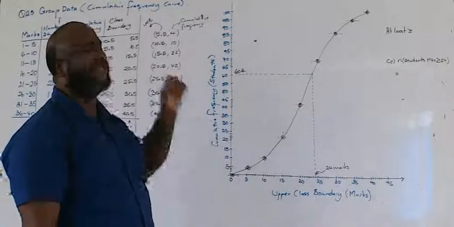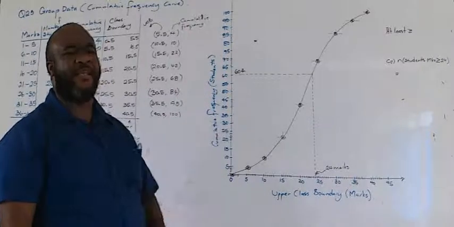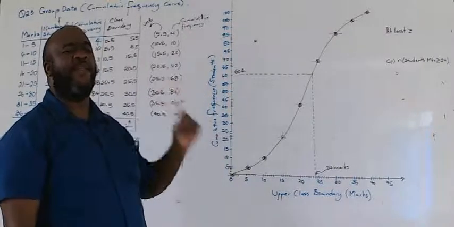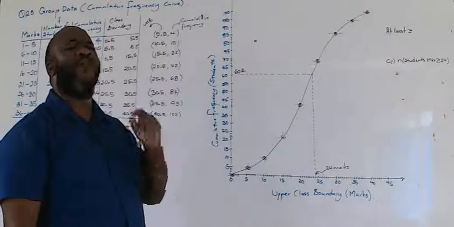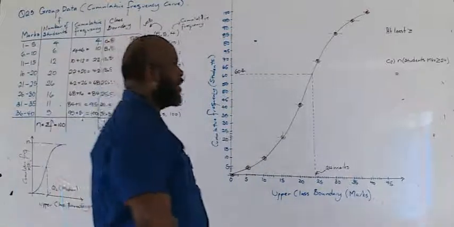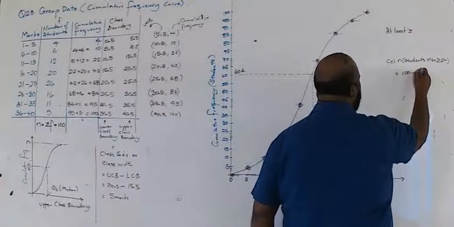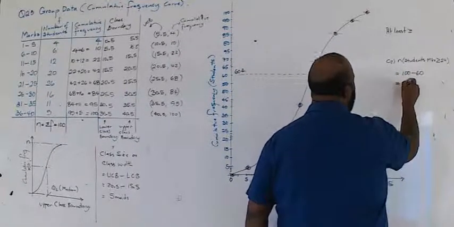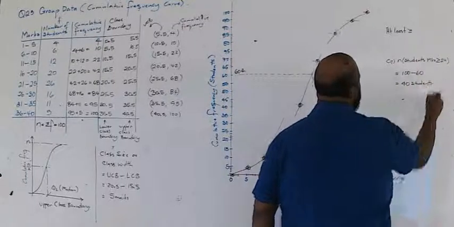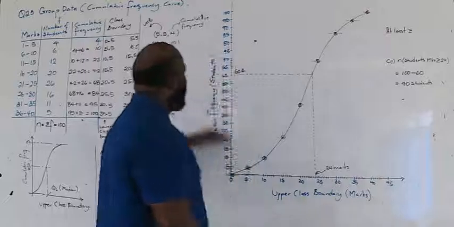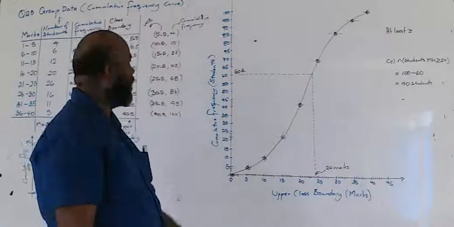So if we want the number of students who score at least 24 on the test, what I want is the number of students who score 24 or more marks on the test. Ladies and gentlemen, this is equal to 100 minus 60. I have 40 students. How many students sat the test? 100.